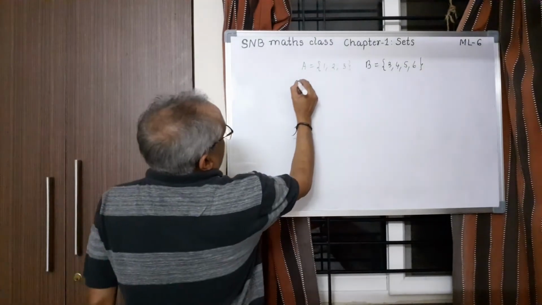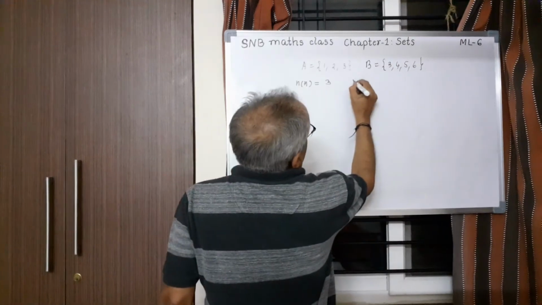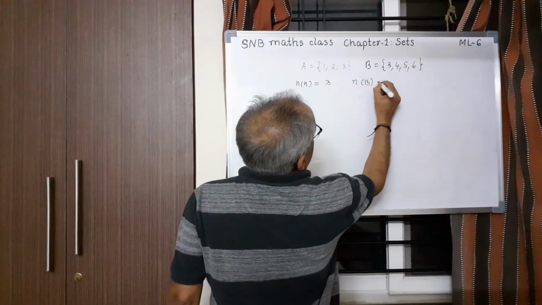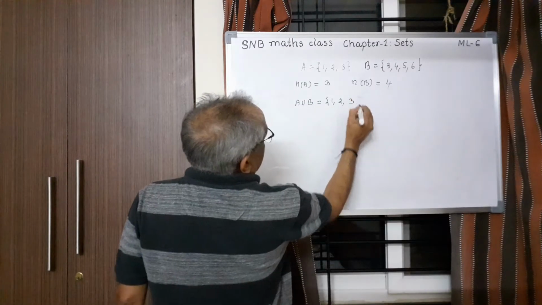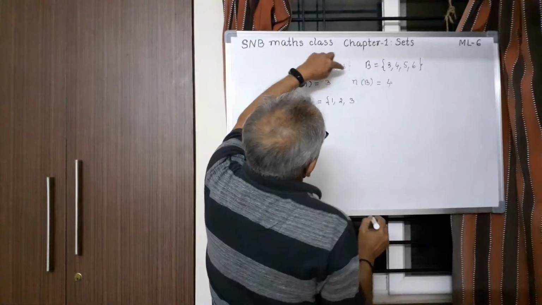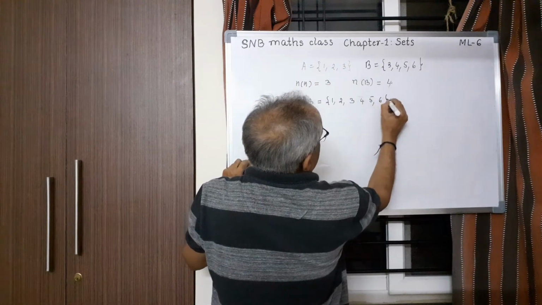Now, number of A, definitely it is 3. Number of B is 4. Now, let us first find A union B. This is 1, 2, 3, then 4, then 5, then 6.